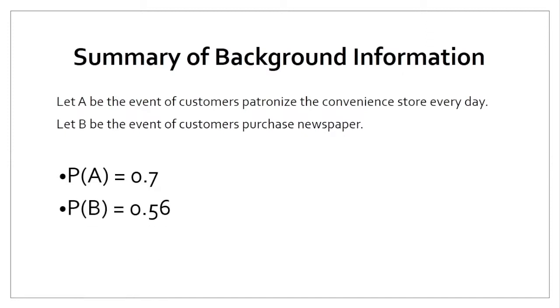Probability B equals 0.56. And the background information states that 75% of customers purchase newspaper, given that the customers patronize the convenience store every day. That means the probability B given A equals 0.75.